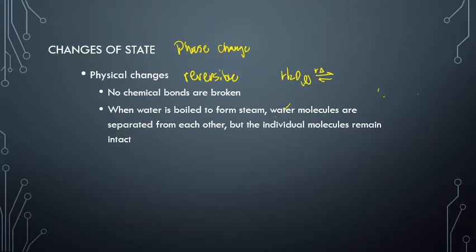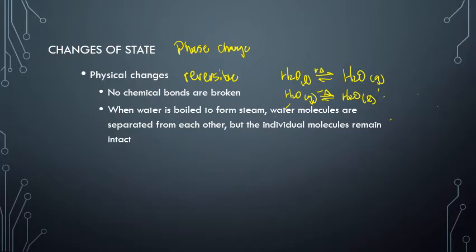Remember, the triangle represents the addition of heat, and that will form H2O as a gas. But in the same concept, we can take the gas and remove heat, and that would make the gas condense back down into a liquid. So it is a reversible process.